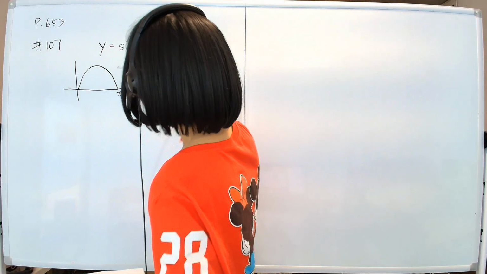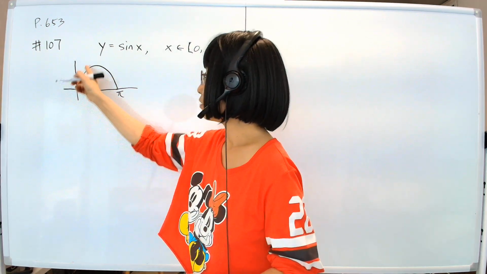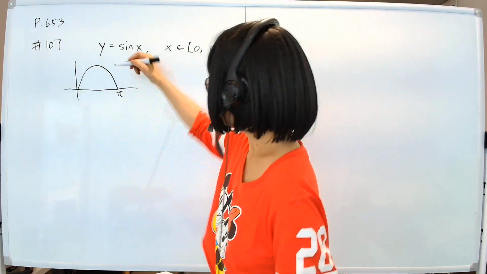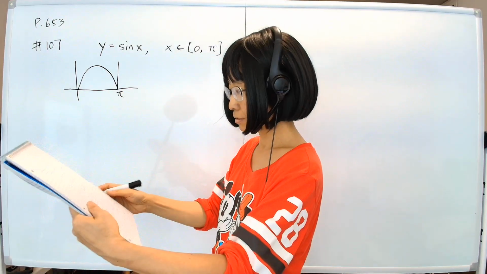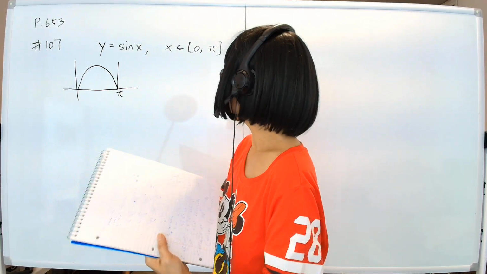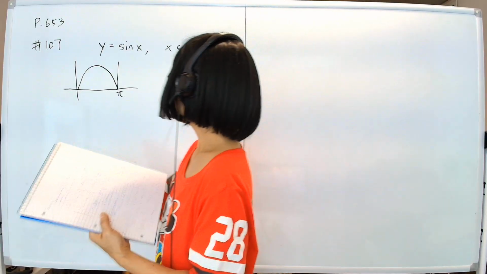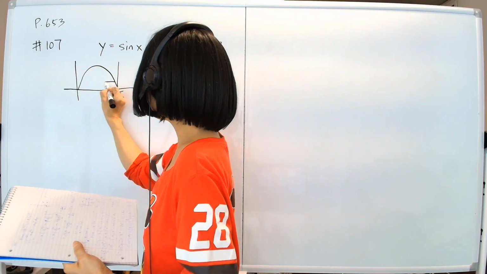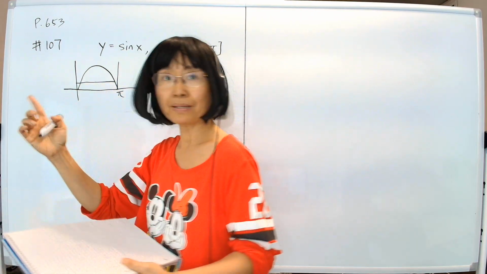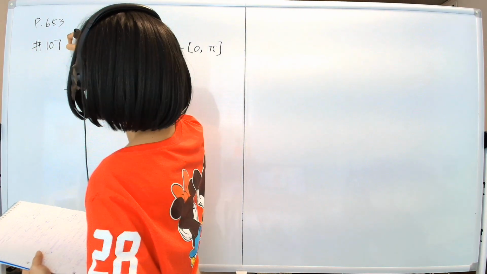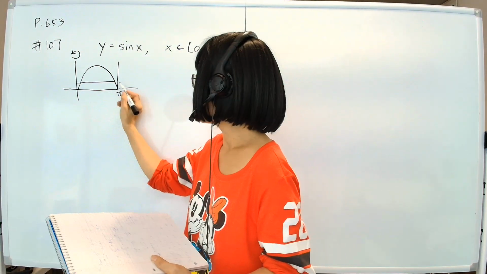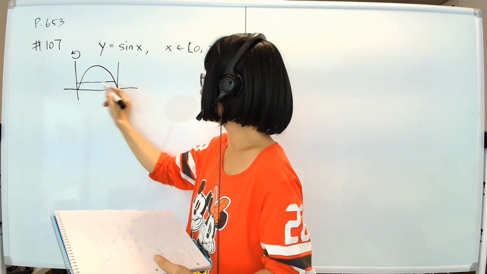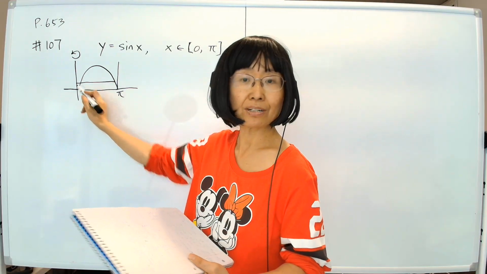Now to set up the problem, you have one graph, but we have to integrate by spinning around the y-axis. Here's the spinning circle. Spinning around the y-axis means we have to use the sine function and then subtract the sine function again.